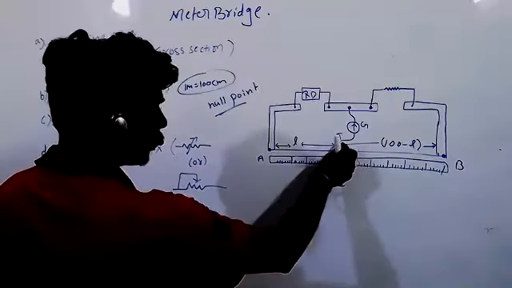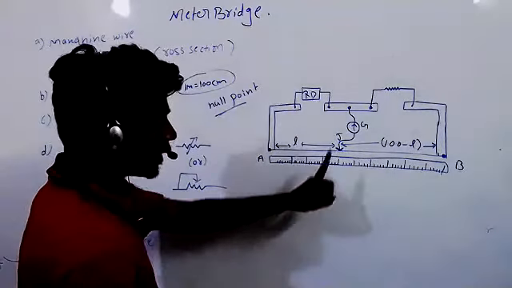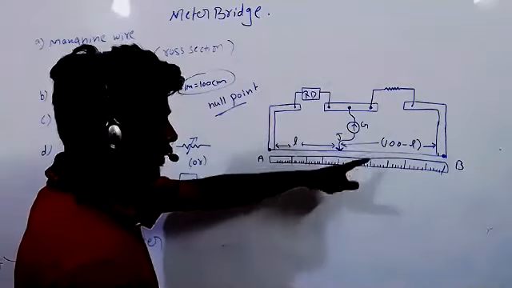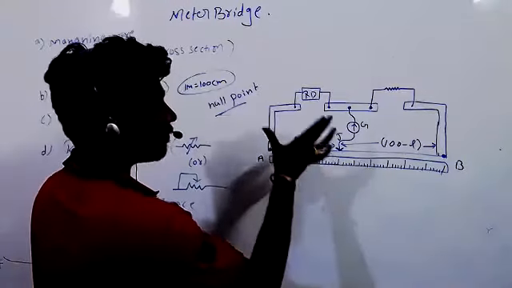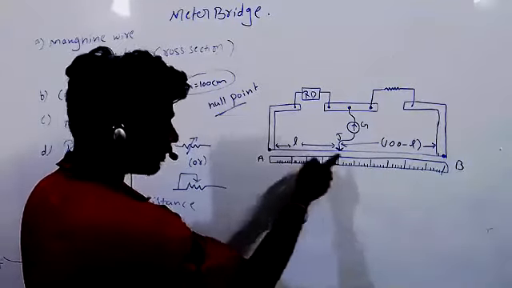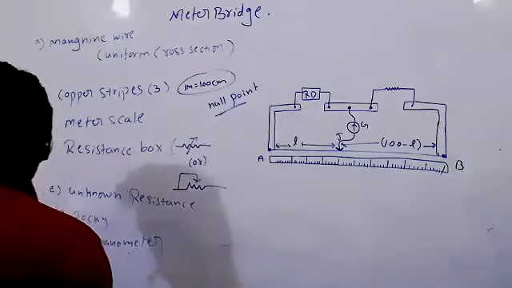So we have to move the jockey such that the current passing through the galvanometer should be 0. At that point, if you take this wire, there will be a resistance, right? Each and every wire will have some resistance.